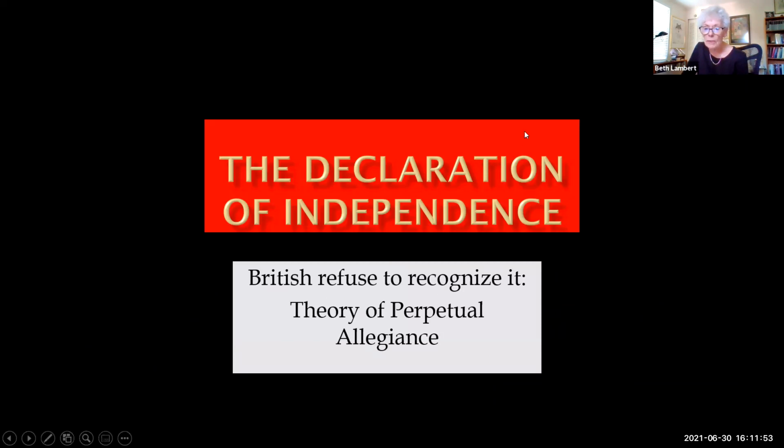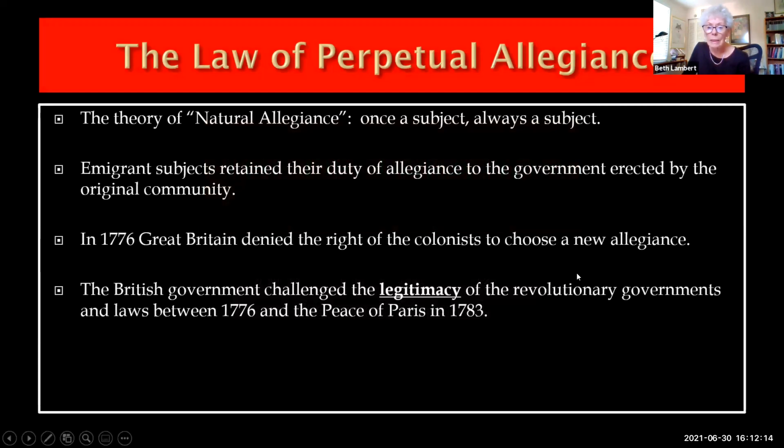1776, the Declaration of Independence. The British said, so what? They refused to recognize it under a theory of perpetual allegiance, that you perpetually belong to the country in which you were born.